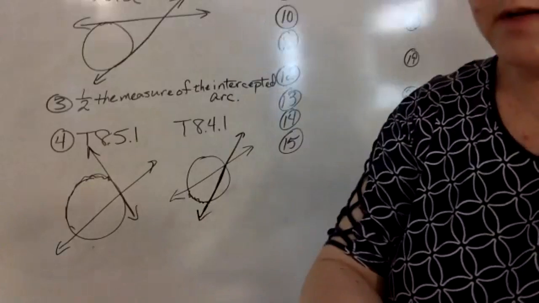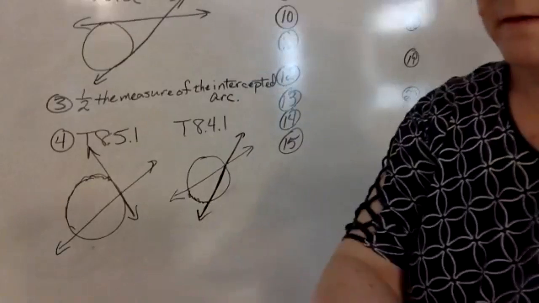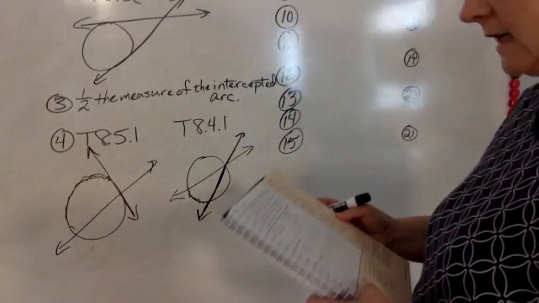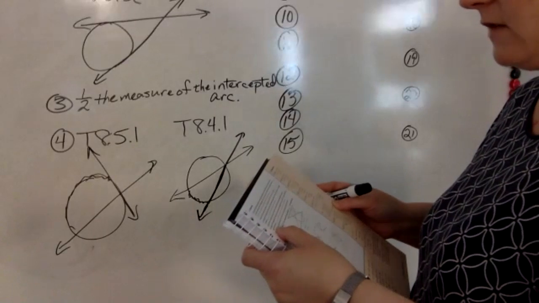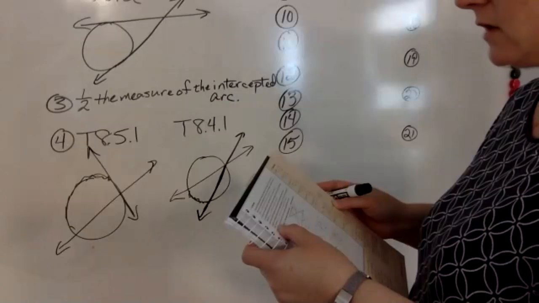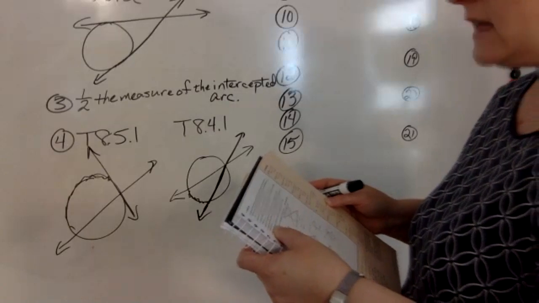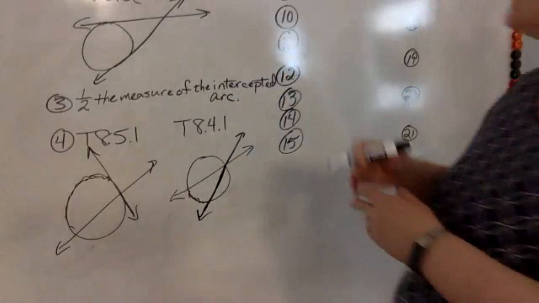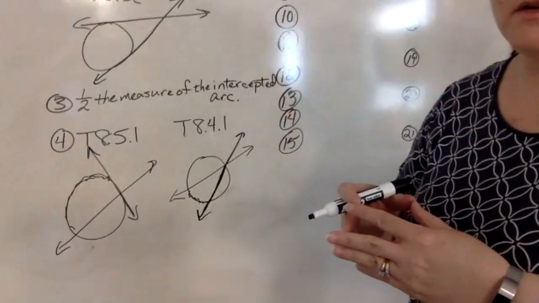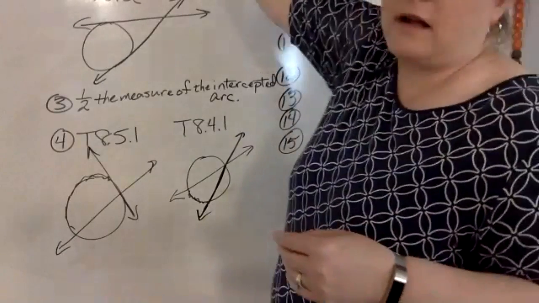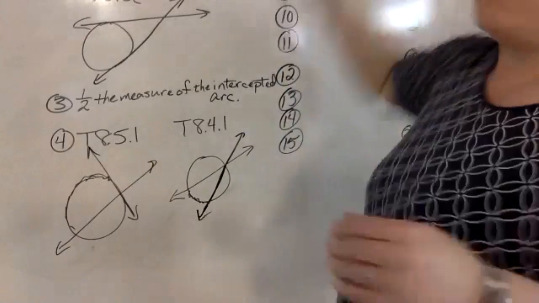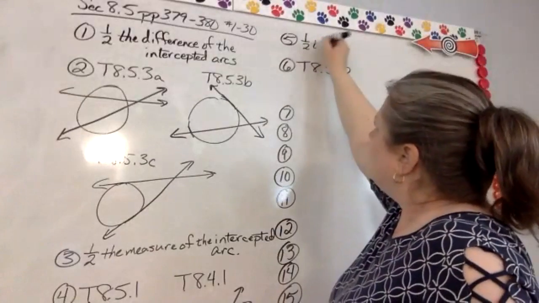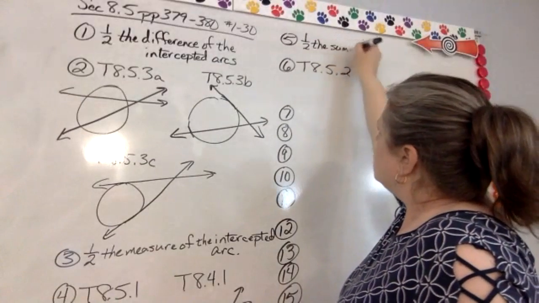And then the next part, number 5 says, complete the statement if the vertex of an angle intercepting arcs of a circle is in the circle's interior. So if it's on the inside, remember I said the angles are half the, not difference, but sum. So for number 5, it's half the sum of the intercepted arcs.